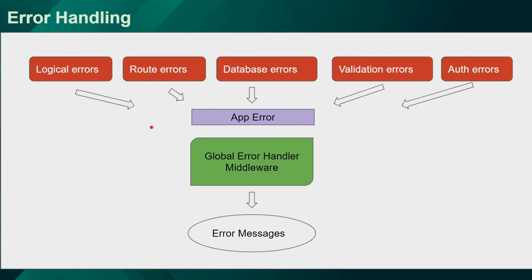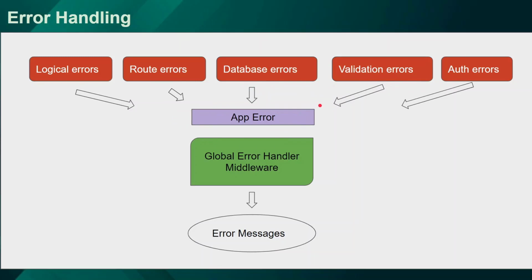Basically, we have several types of errors. Errors can be logical errors, or route errors, or DB errors, validation errors, or authentication errors, right? These different types of errors, first we encapsulate in a common object, right?